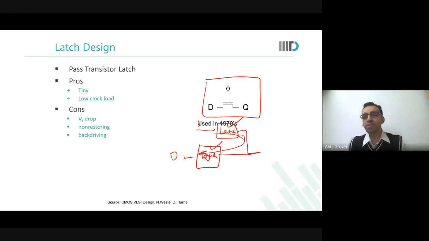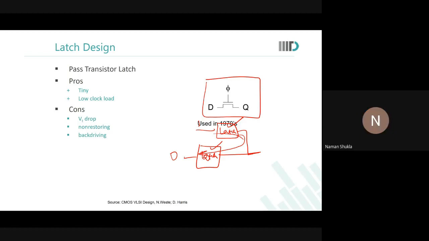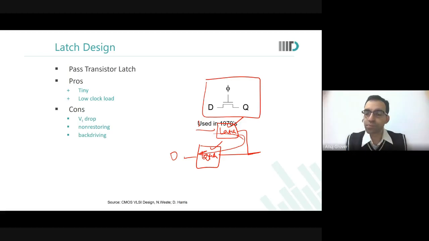Are you able to see this? This is also something that we studied when we were looking at pass transistor logic. Are you able to see this aspect, this challenge? Yes, sir. Okay.